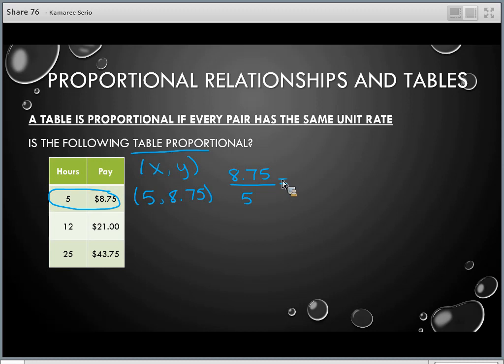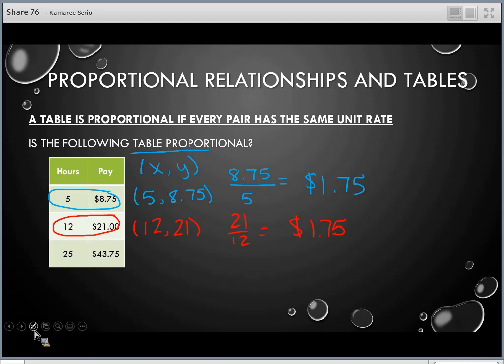Oops, I typed it in wrong. And I get $1.75. Okay, so let's check this next one. 12, 21. So I have 21 over 12. 21 divided by 12. I get 1.75 again.